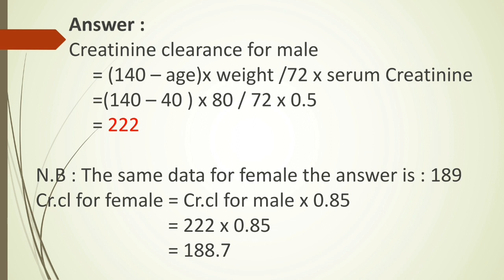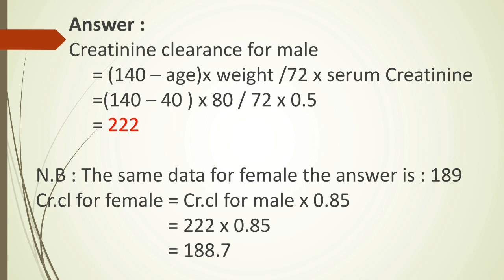Here the question is about a male patient, but in case of a female patient, the creatinine clearance can be calculated by the same equation, multiplied by a specific value, 0.85.